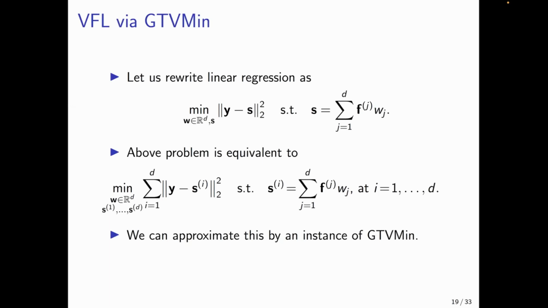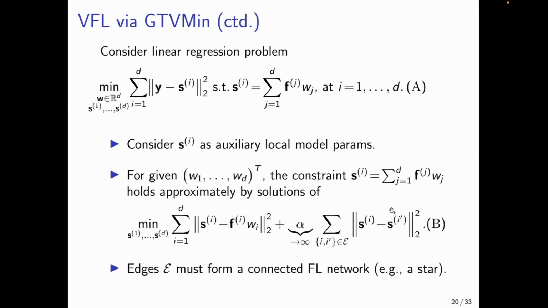If I choose alpha large and have a connected network, then when I minimize this GTV minimization problem, as we have discussed in previous lectures, the result will be that these auxiliary variables S^i, one auxiliary model parameter for each node, will become the average of the parameters at the network nodes. And this average is exactly the prediction delivered by the global linear model.